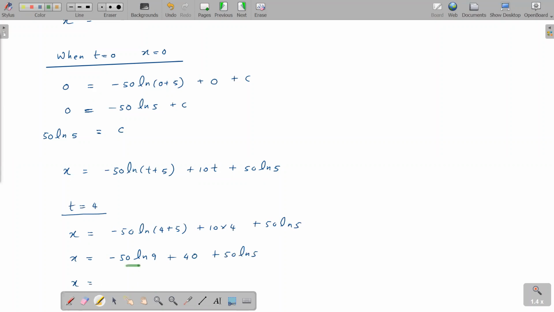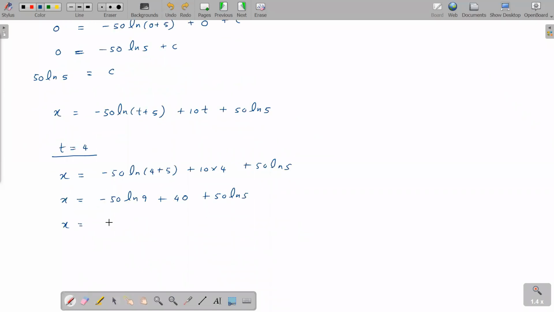I'll bring the log terms close to each other. Taking 50 out, I get ln 5 minus ln 9. Guys, do you agree? Because this is positive, I wrote it first, and minus ln 9. So with logarithms, when there's a subtraction, you can write it as a division under a single logarithm: 50 ln(5 over 9) plus 40.